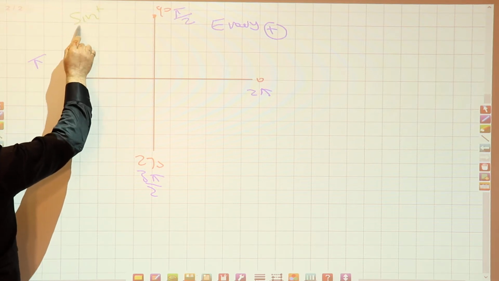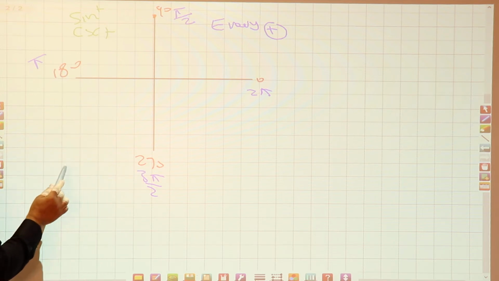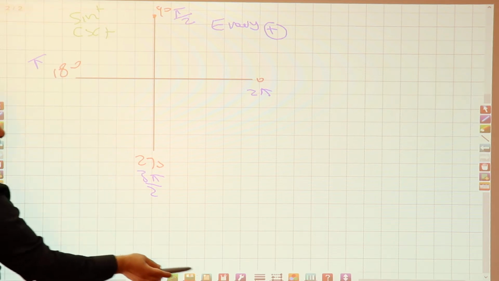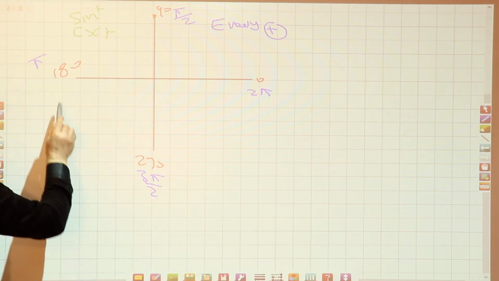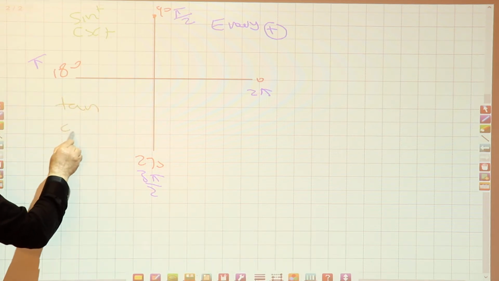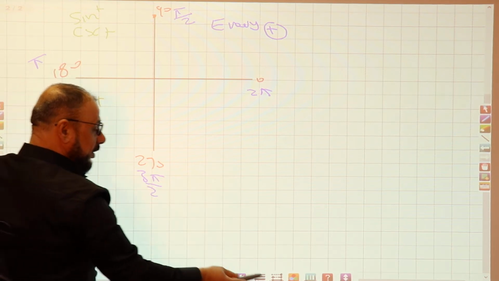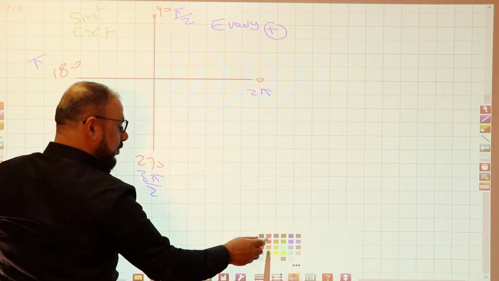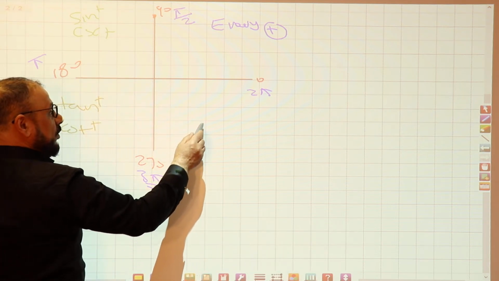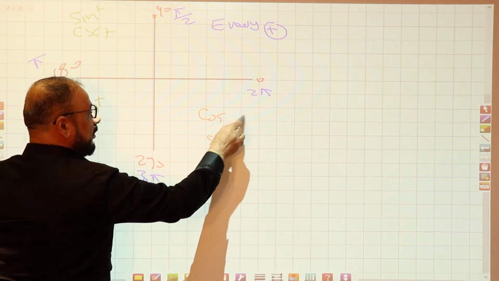If sine is positive, that means cosecant is positive. Between 180 and 270, only tan and cotan are positive. Between 270 and 360, cosine is positive, and so is secant.